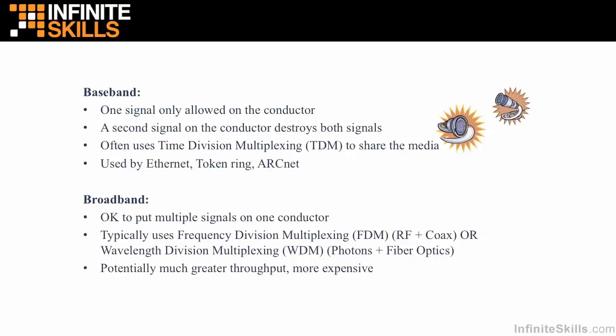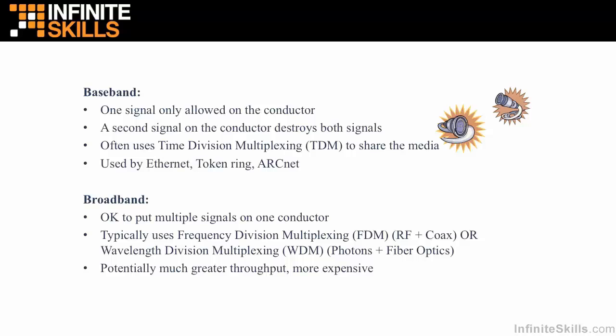Now, one technique to allow multiple nodes to share the same common media for baseband is using something called time division multiplexing. What time division multiplexing does is it takes, let's say, a 1 second period, and it breaks it up into, let's say, 10 different time slices. And it then will allow node number 1 to transmit during 1/10 of that 1 second period. One time slice is what it's called. And then it says, all right, you have to stop.